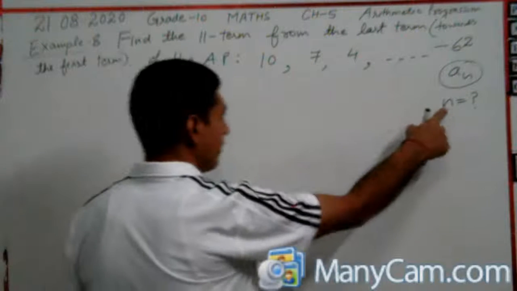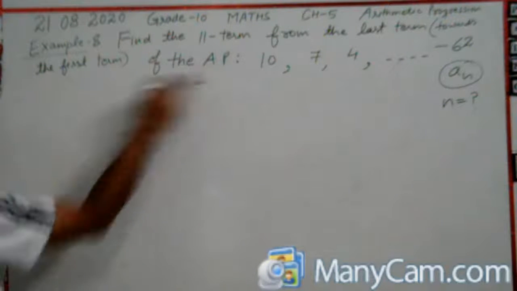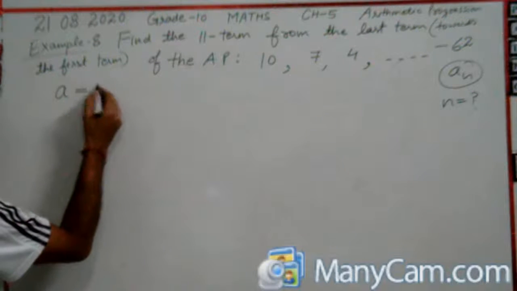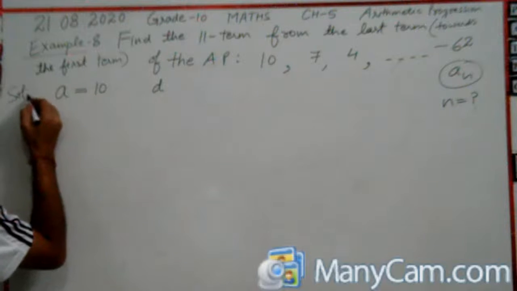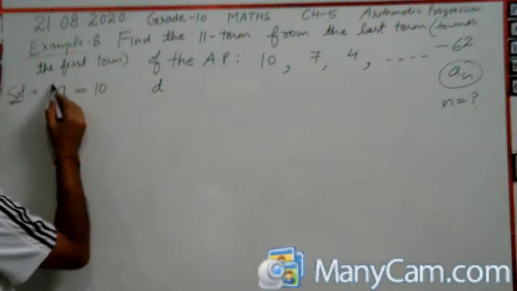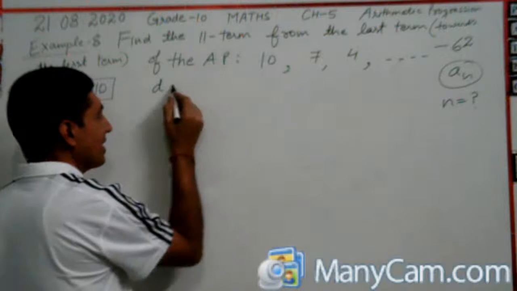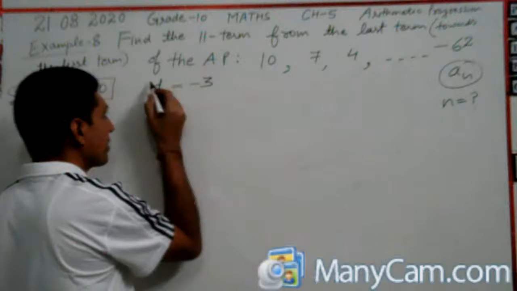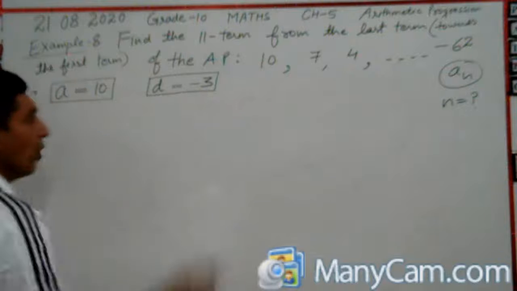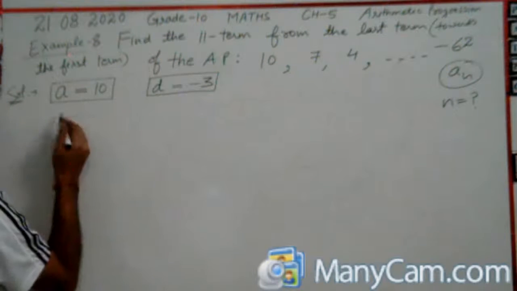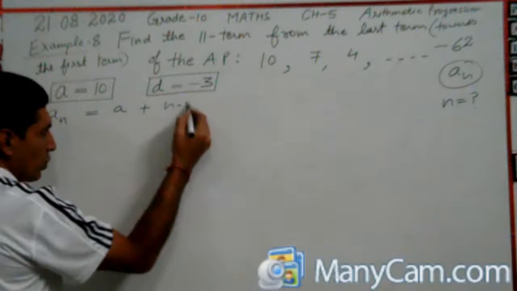First we want to find the value of n. In this AP, the first term a is equal to 10. The common difference d is 7 minus 10, that is minus 3. Now I am directly using the formula an = a + (n - 1)d.